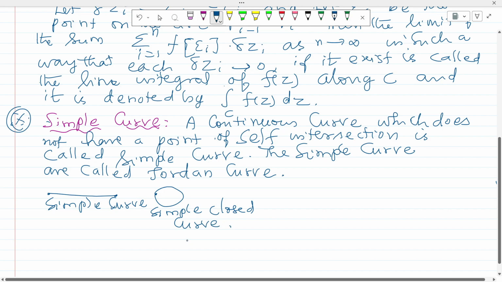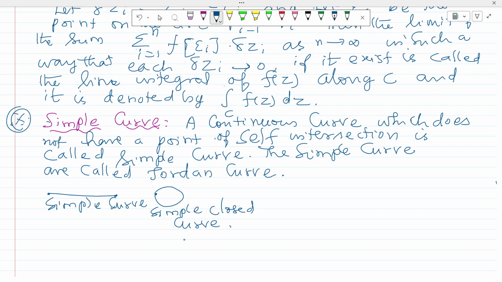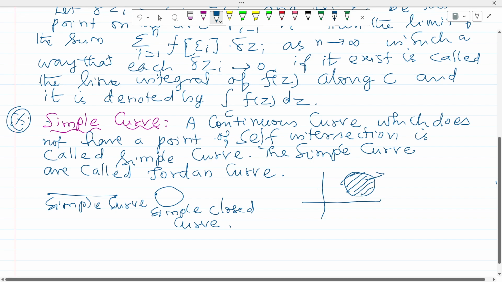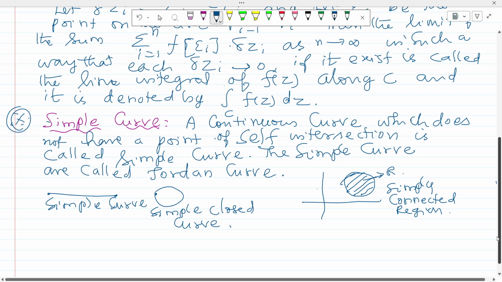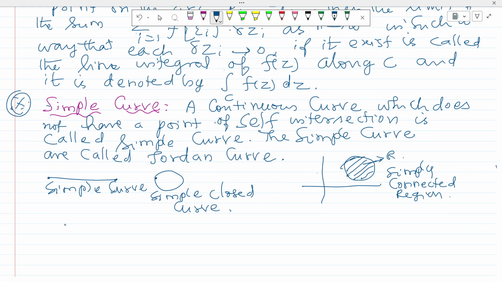If any region is there, then it is known as a simply connected region.